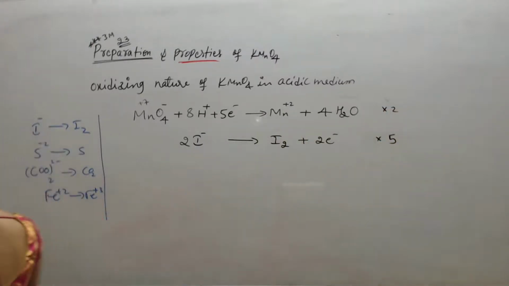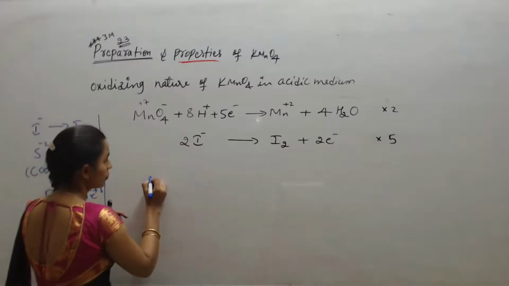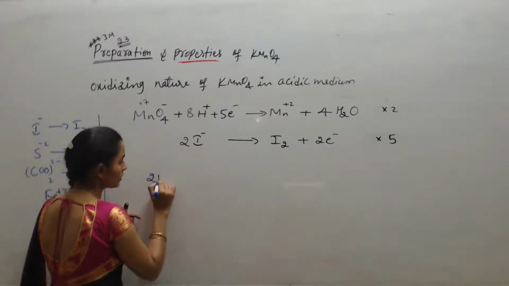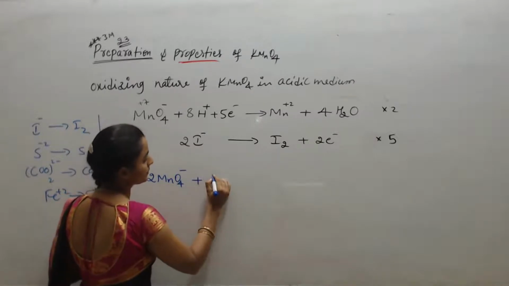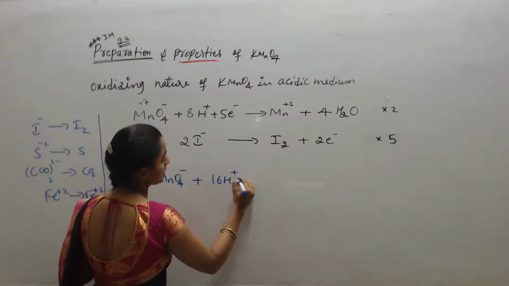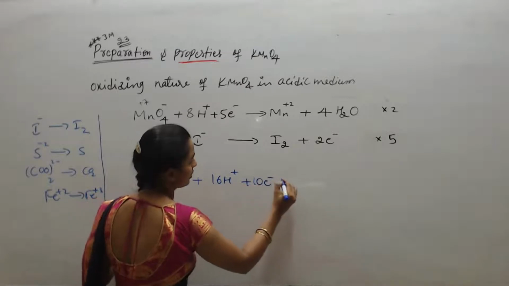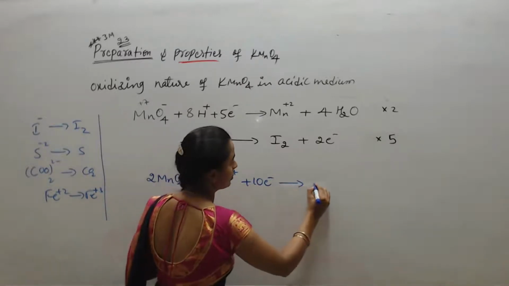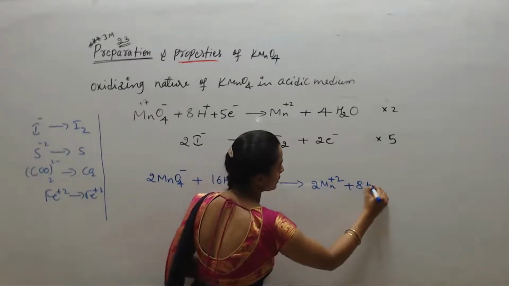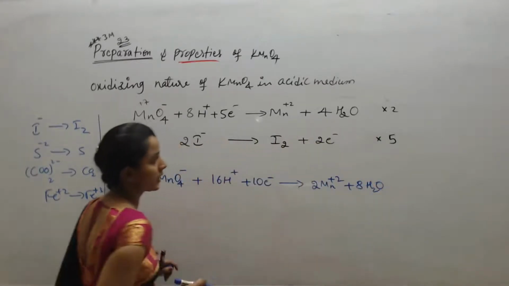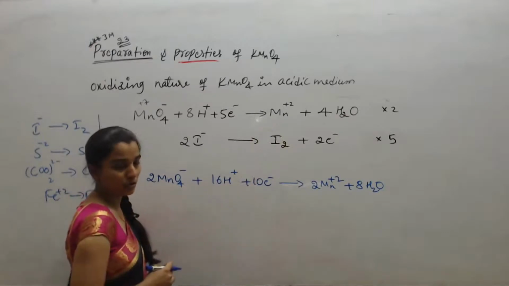So the overall reaction comes to what? That is multiplied by 2, which means 2MnO4- plus 16H+ plus 10 electrons gives rise to 2Mn2+ plus 8H2O. This is the first reaction because this is multiplied by 2.